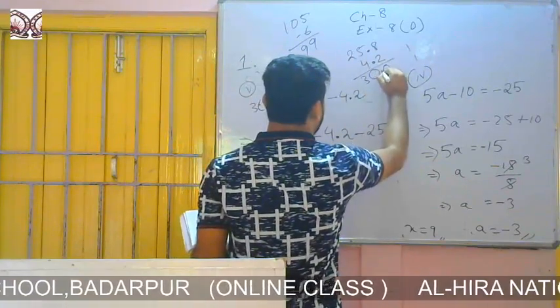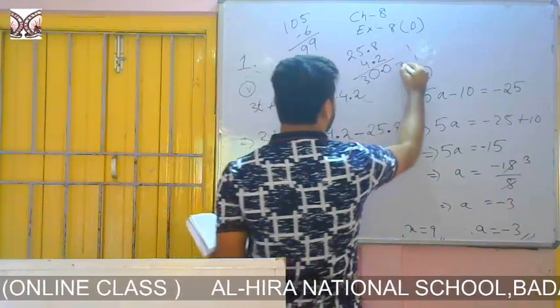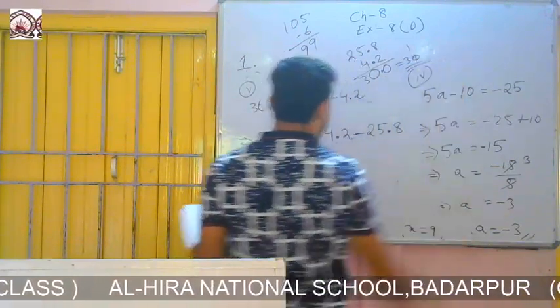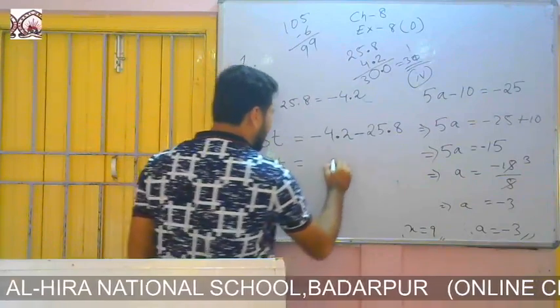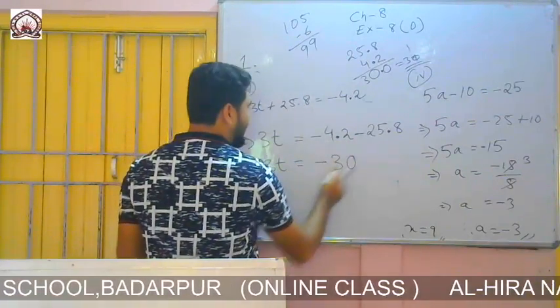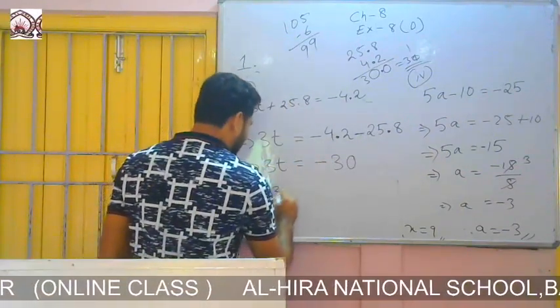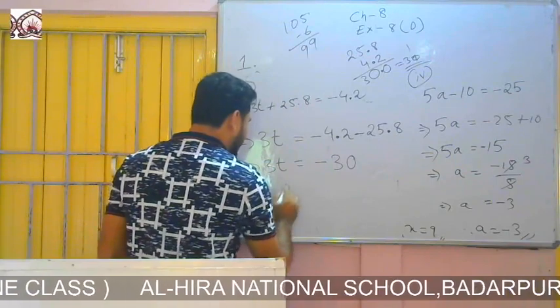So if I put the point, it is 30.0, which means 30. I can write 30. But I will put a minus sign before it because 25.8 is greater.